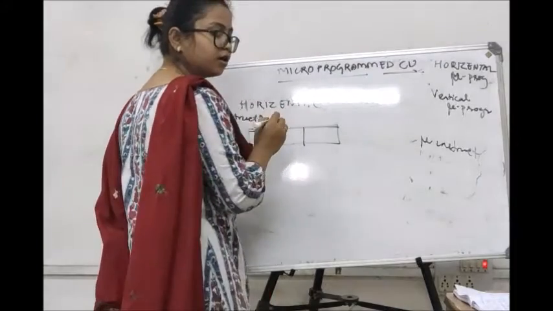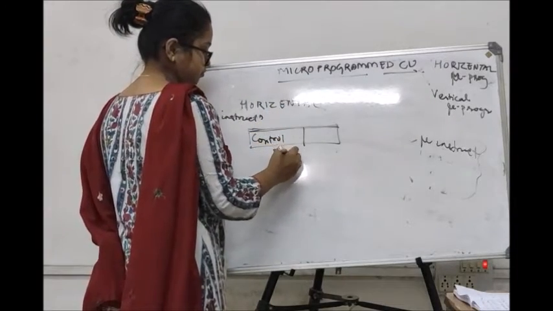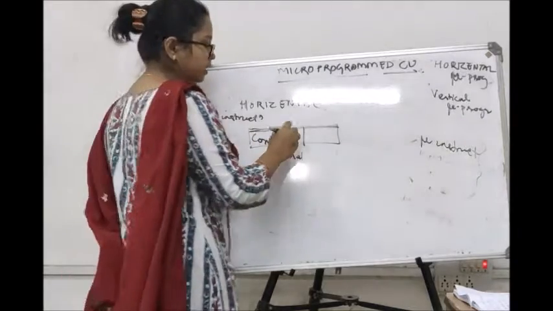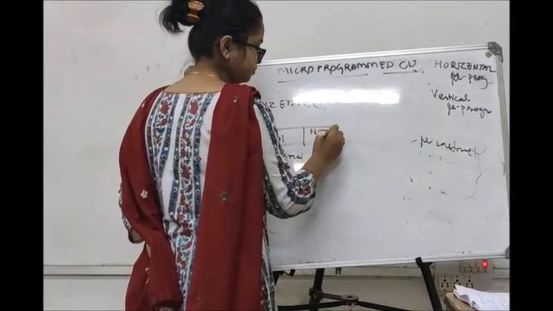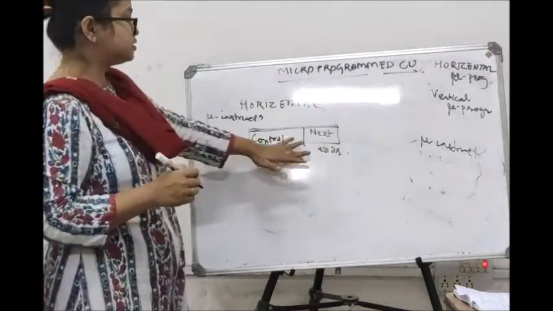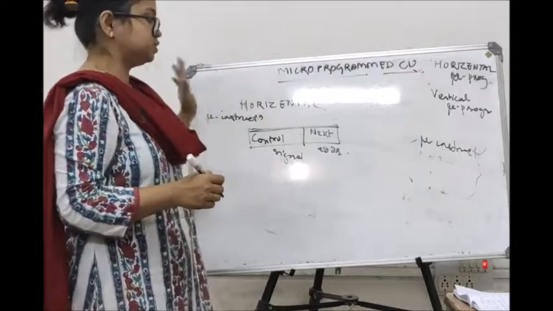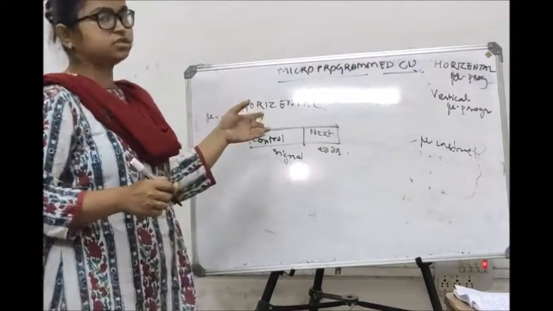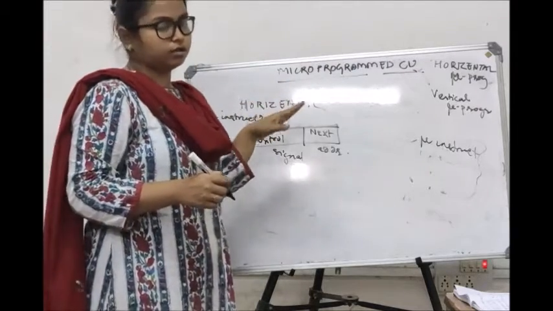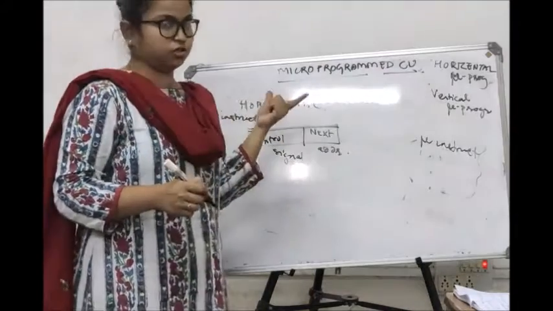One is the control signal and the next one is the next address. Isn't it? This is what we discussed. This is what the control data register or control word consists of. Now this is actually a micro instruction.